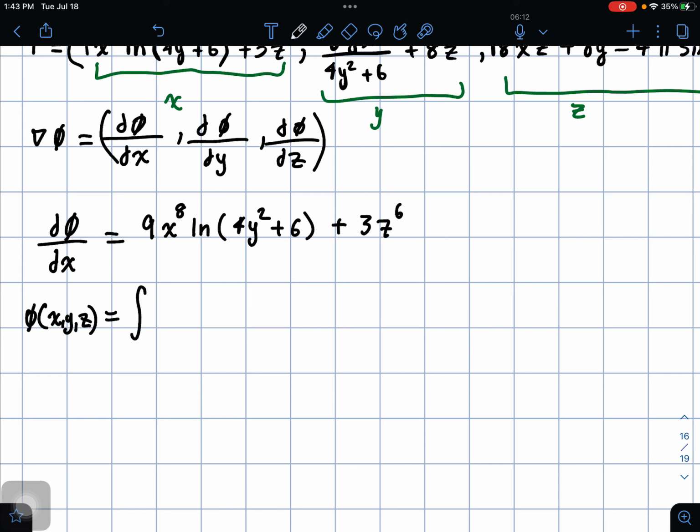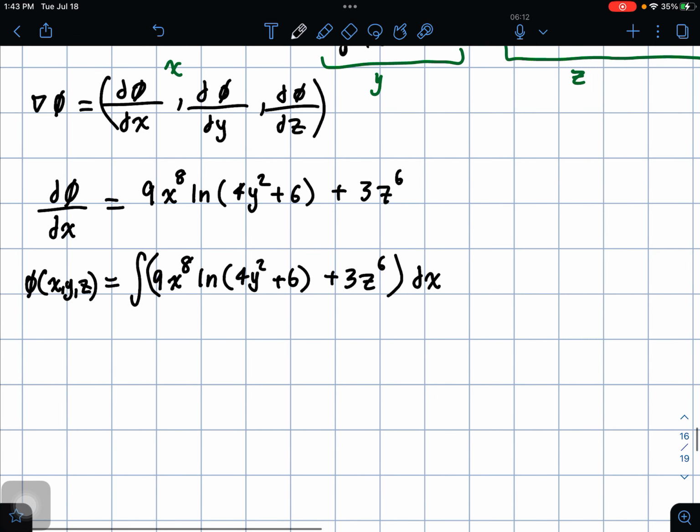So that's the integral of 9x to the 8 ln 4y squared plus 6 plus 3z to the 6, and then it's just dx. Technically this is the derivative with respect to x, so we have to integrate with respect to x.